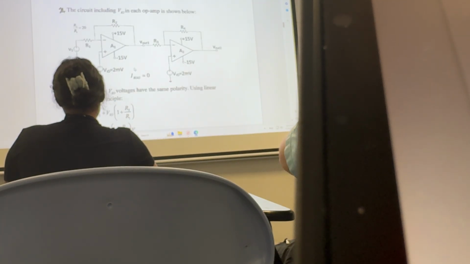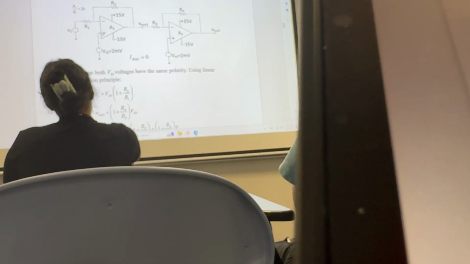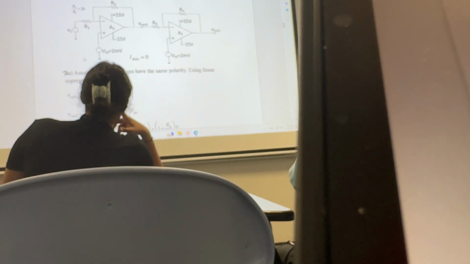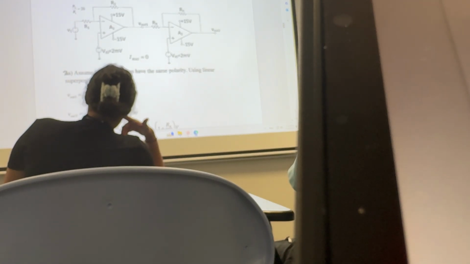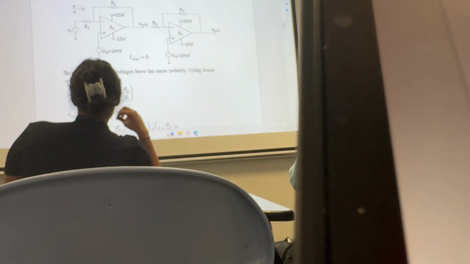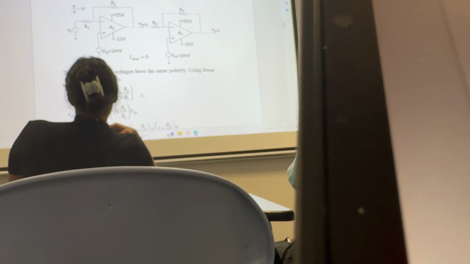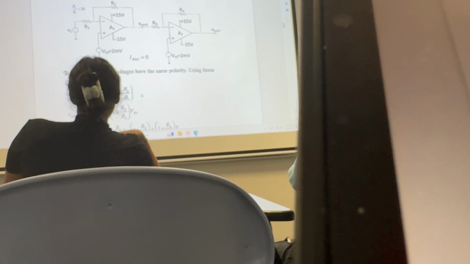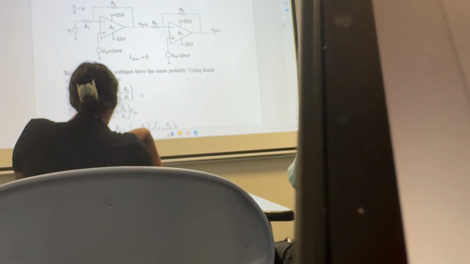If you look at the expression here, the output one will have 2 components, right? The signal component will generate inverting gain. The Vi naught will generate non-inverting gain, right? One inverting, one non-inverting.